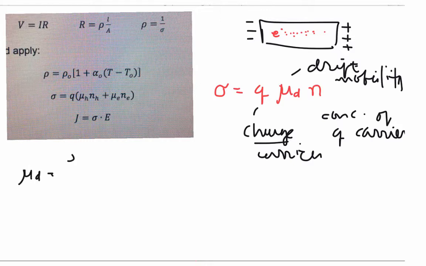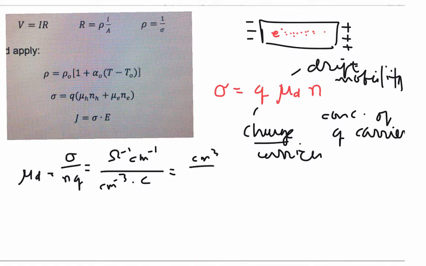Of course, we can rearrange it. It's equal to conductivity divided by N times Q, which is ohms to the -1, centimeters to the -1, or meters to the -1, centimeters to the -3 times coulombs. So the units of drift mobility end up being centimeters squared per volt second. So they're kind of weird.